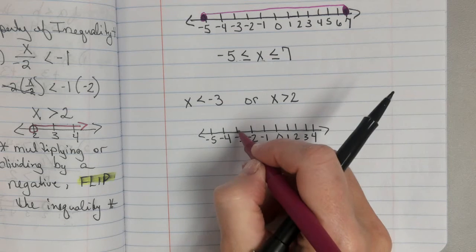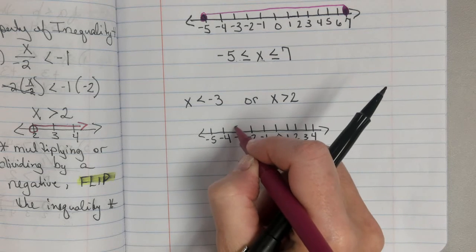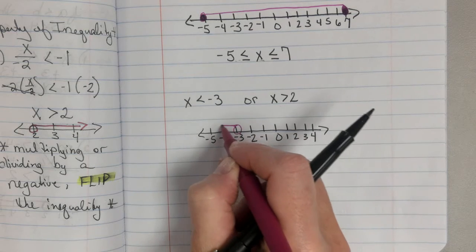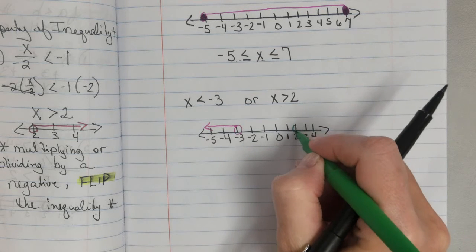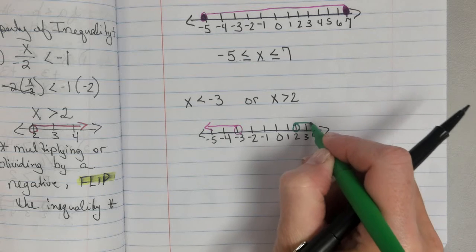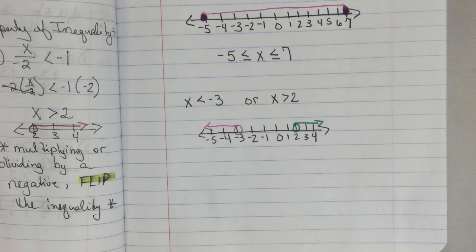So x is less than -3, open circle to the left, and then we said x greater than 2, open circle to the right. Okay? So those are where my solutions lie.